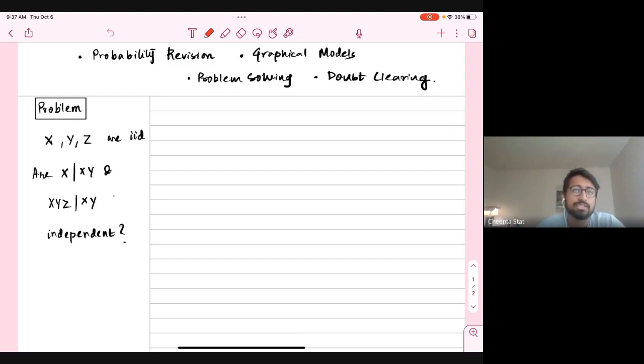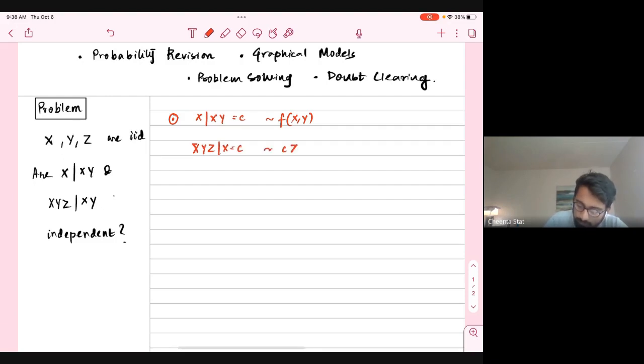Since XY and Z are independent, do you understand? The one idea you can say is that X given XY equal to a certain constant is a function of X and Y. Similarly, XYZ given XY is a constant is nothing but the constant times Z given XY, which is the same as the constant times Z given XY equal to c.